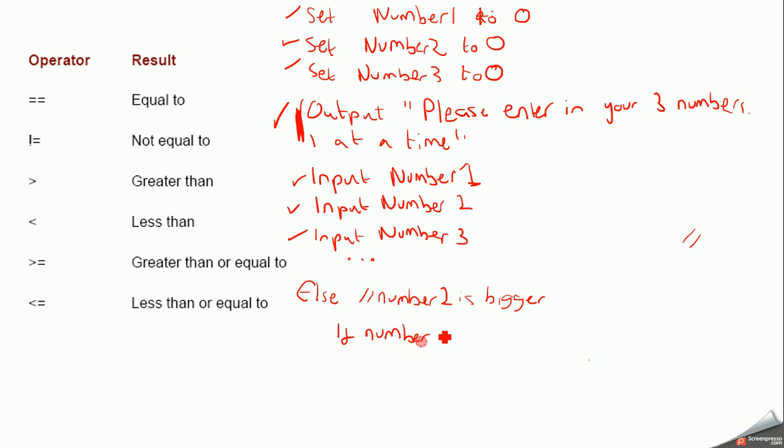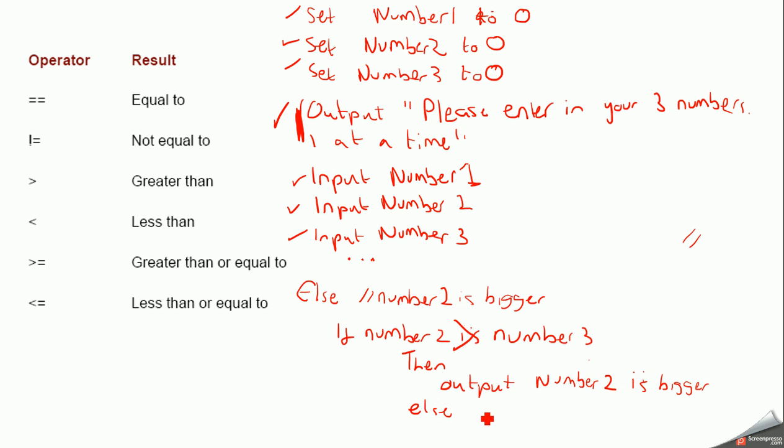If number 2 is, what we don't need to do is, we can just do greater than number 3, then output number 2 is bigger, else output number 3 is bigger, end if.